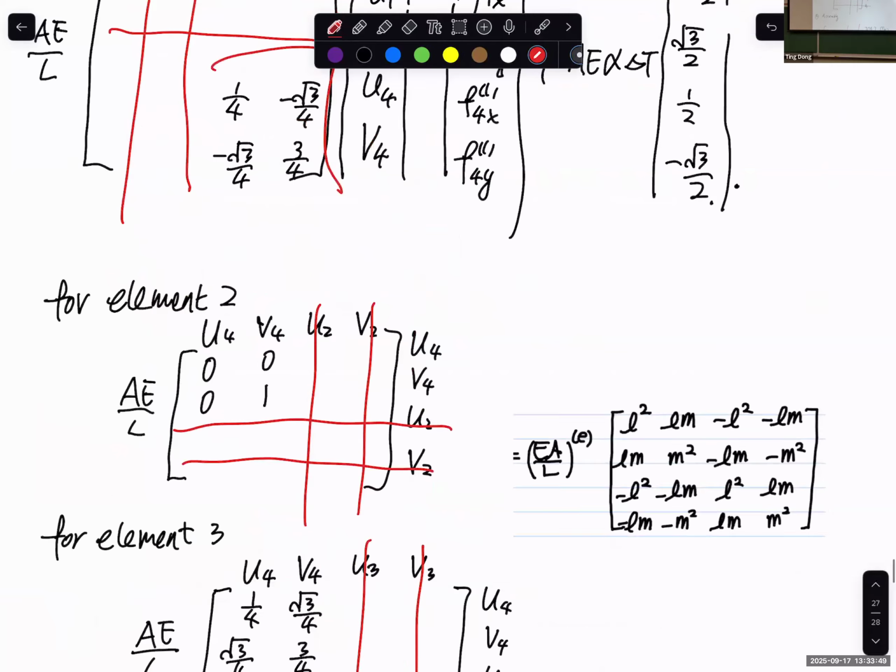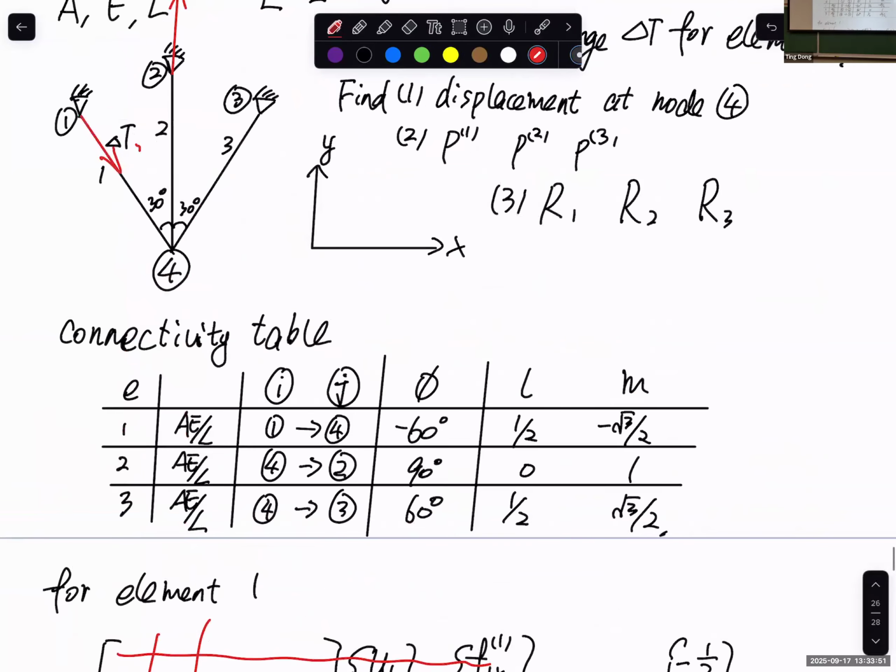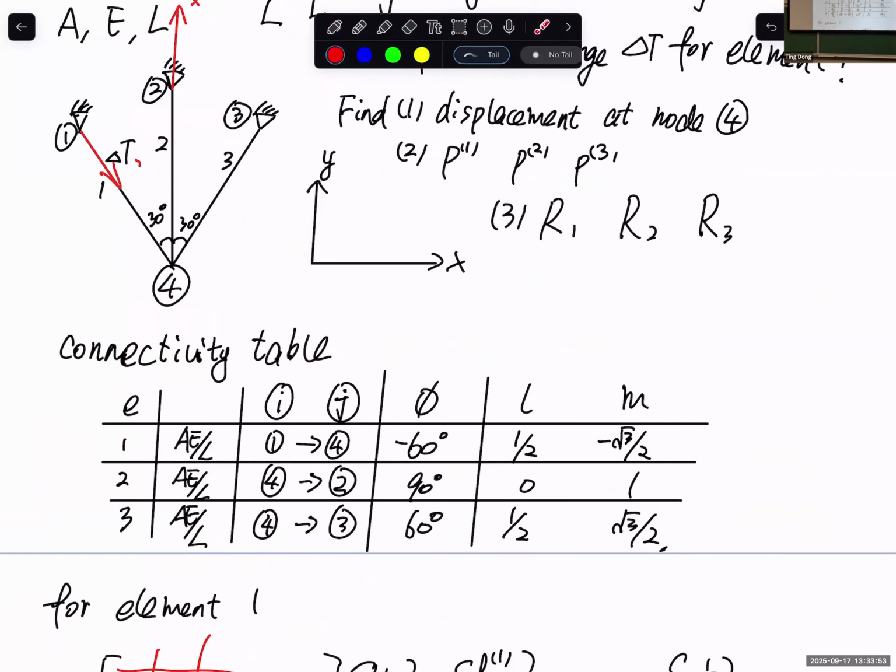It basically means that the force applied by node 2 to element 2 is in this direction, which again makes sense because we already solved that node 4 will move somewhere here, right? So there is an elongation in element 2.